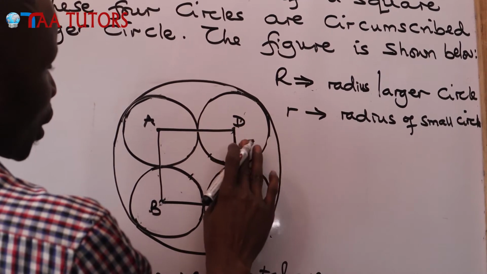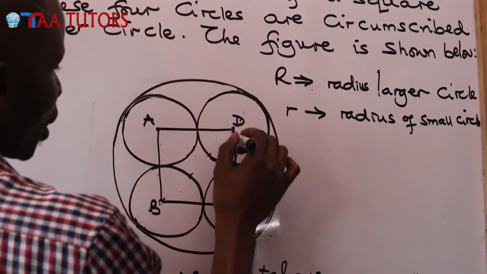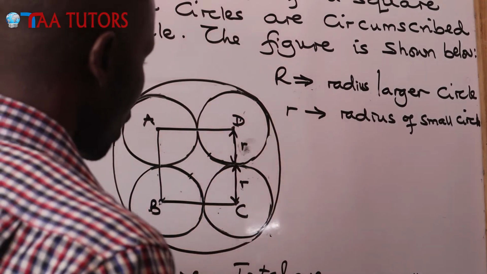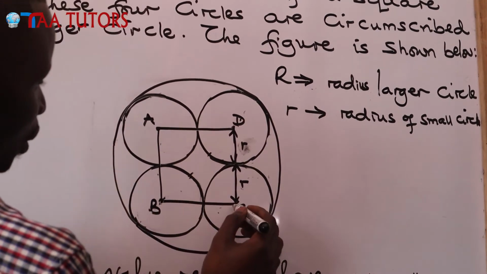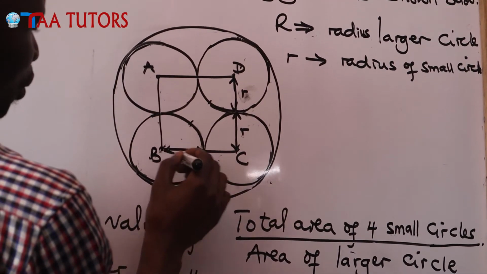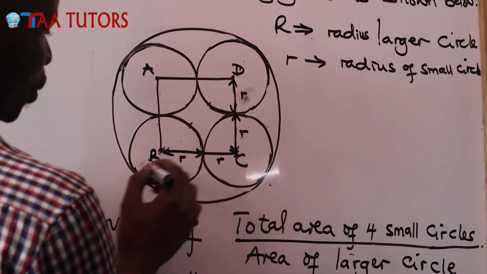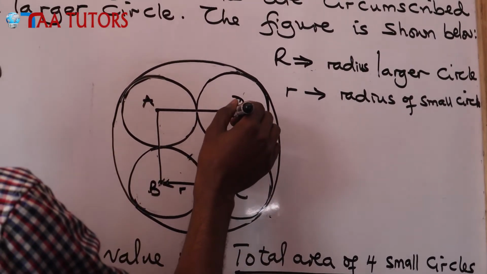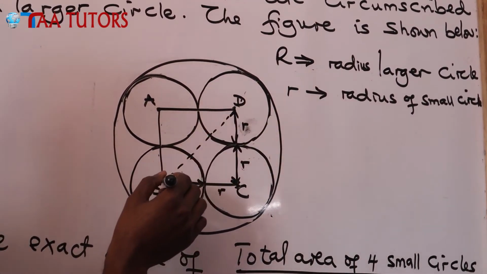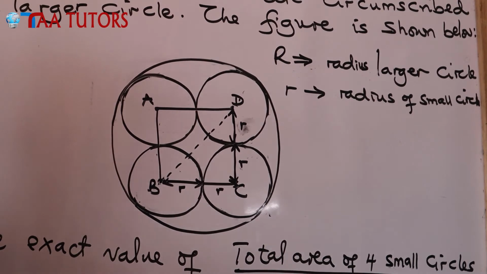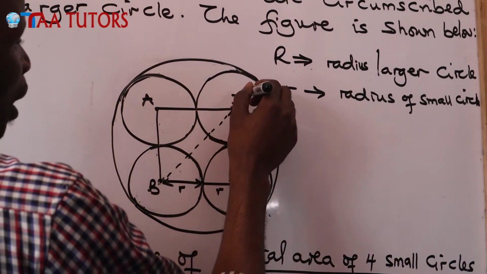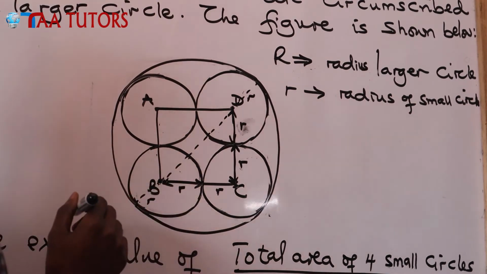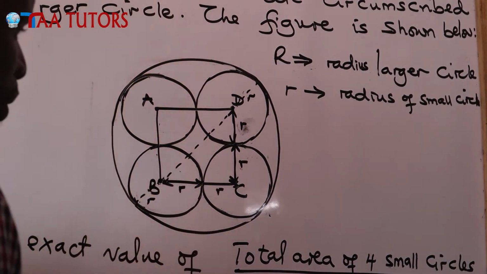So we know that BC, from this length to this length, is 2r, because this is a radius, this is also a radius. So if I get this diagonal here, which is BD, and then I add r for the other one, and then I add this r here, I will get the diameter of the bigger circle.